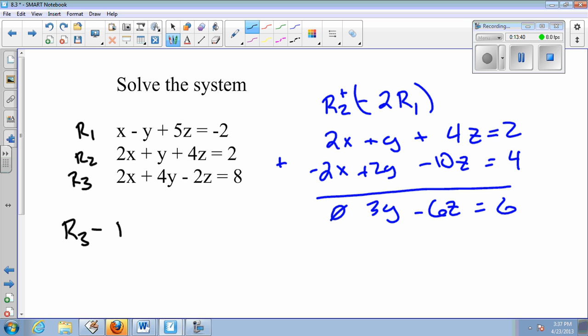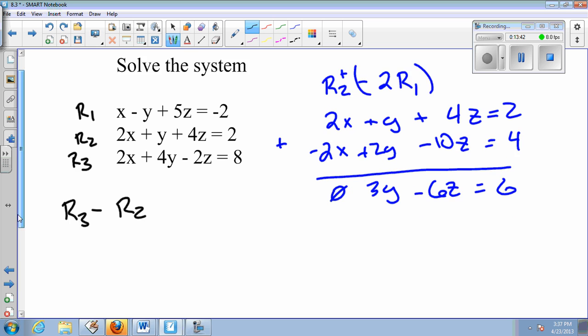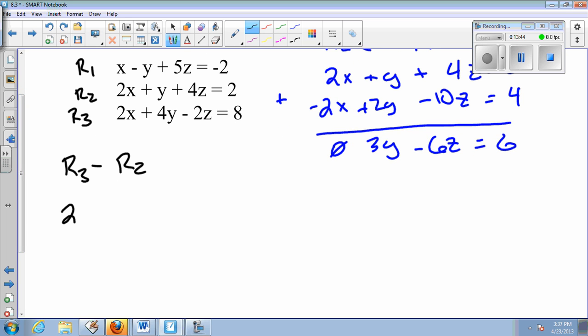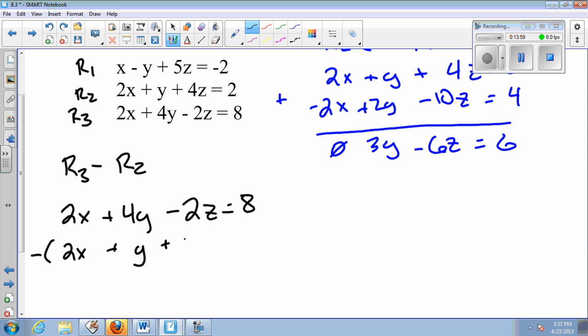And let's subtract row 2 from it. And distribute the negative.